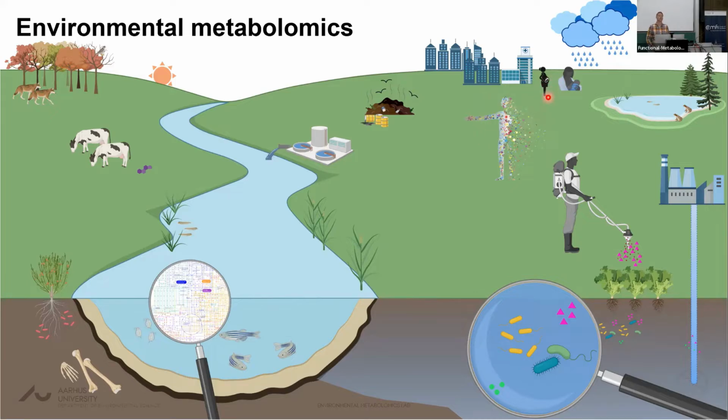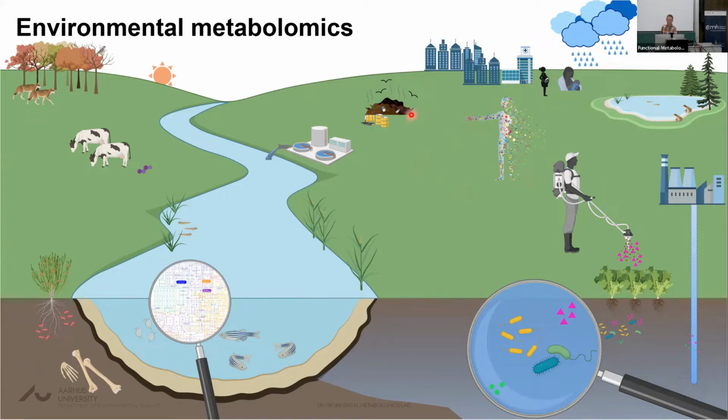Maybe there's endocrine disruption. Maybe the persons are carrying a large part of environmental pollutants, and this is what we call the exposome.